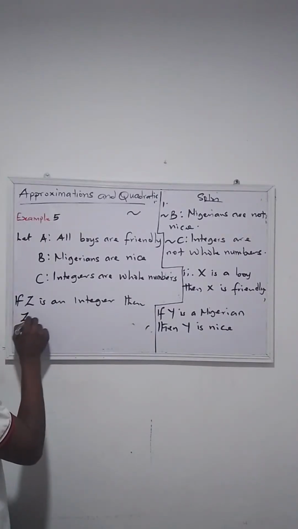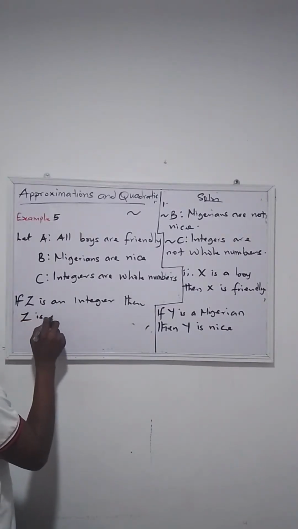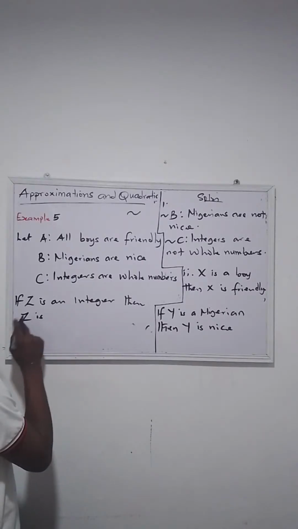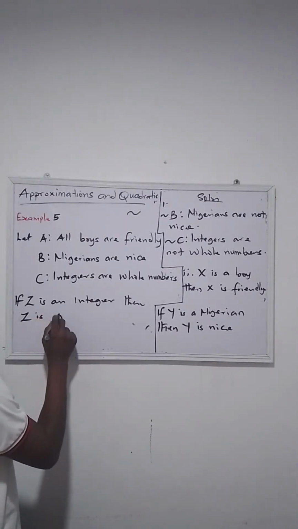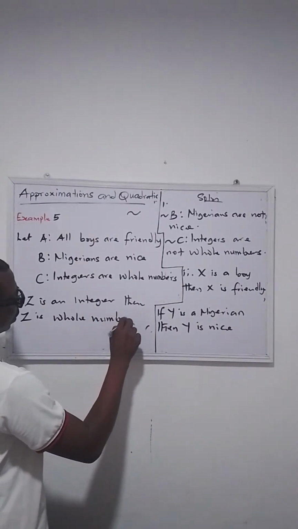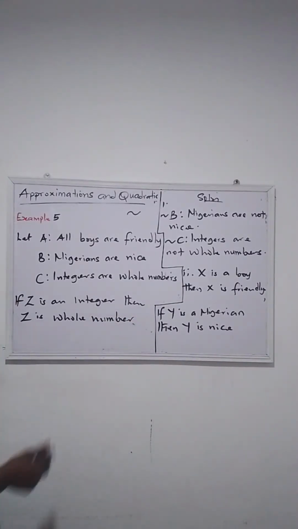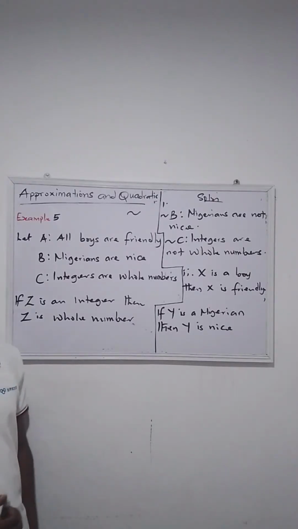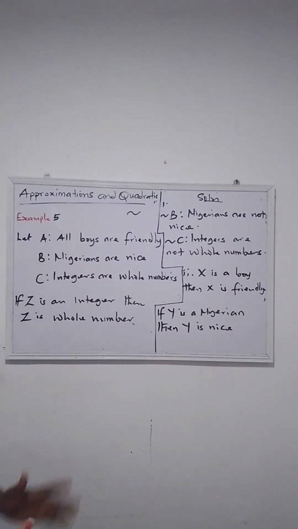Then Z is a whole number. So that is it, and that's all about the question. I want to believe you all get that.